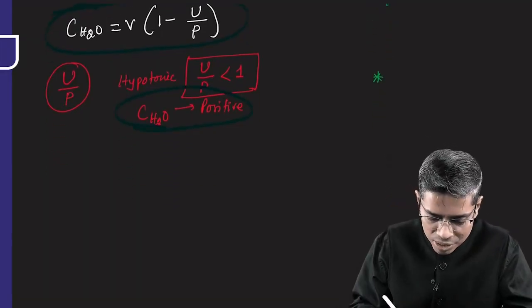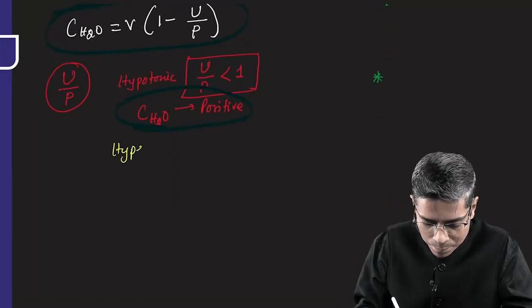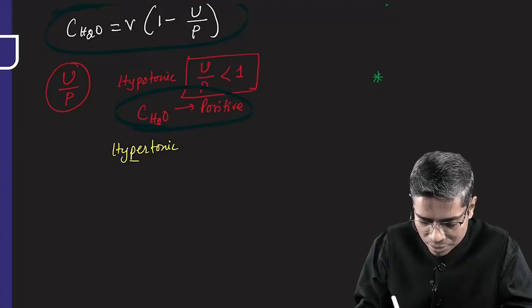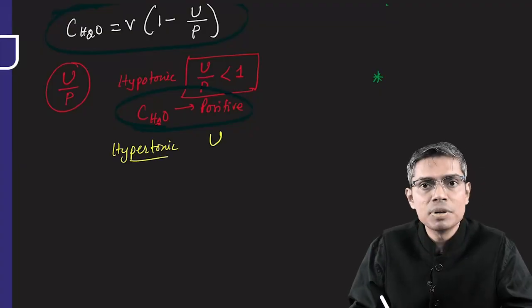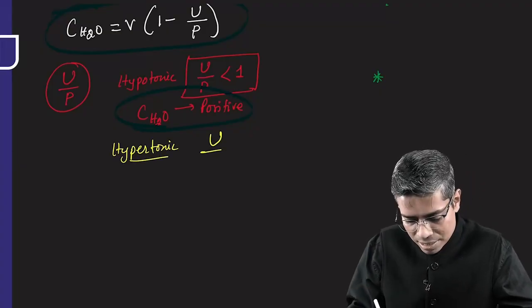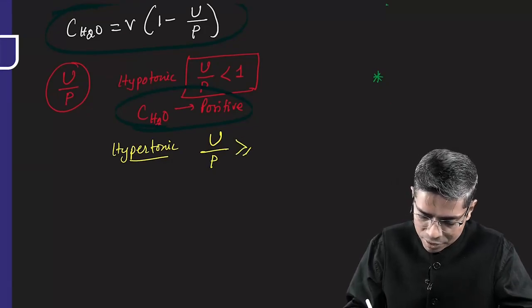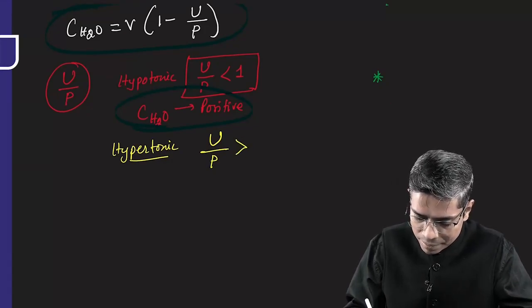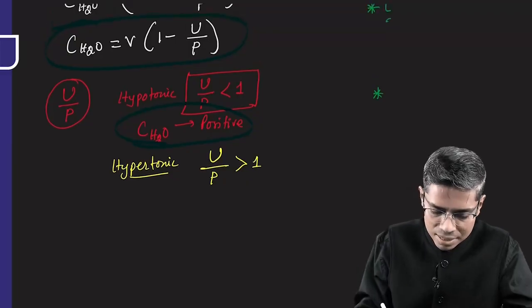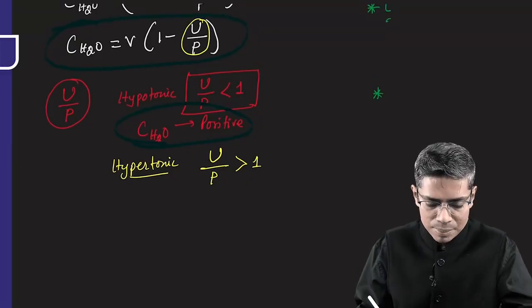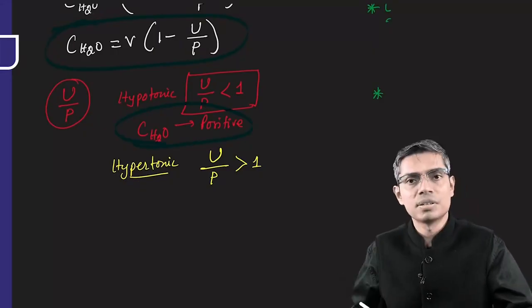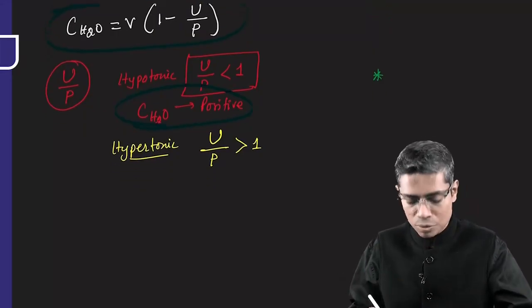Similarly, whenever your urine is hypertonic, U, the urinary concentration of solutes, is greater than P, so the ratio will be more than 1. Whenever it is more than 1, I can easily understand that the whole ratio, that is the CH2O, will be negative.